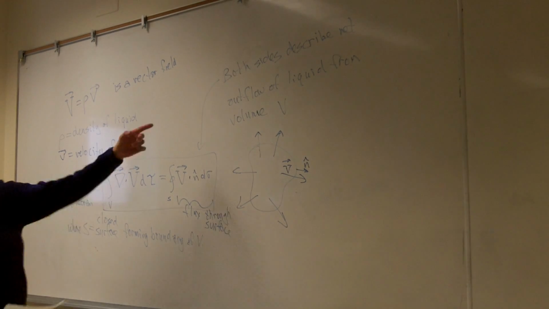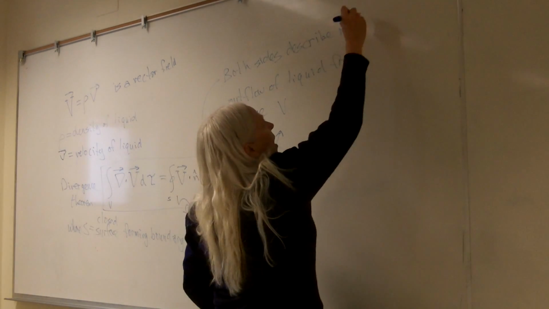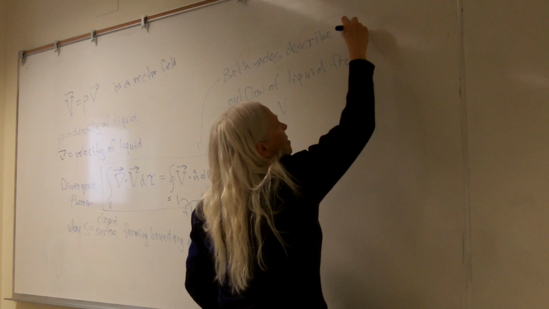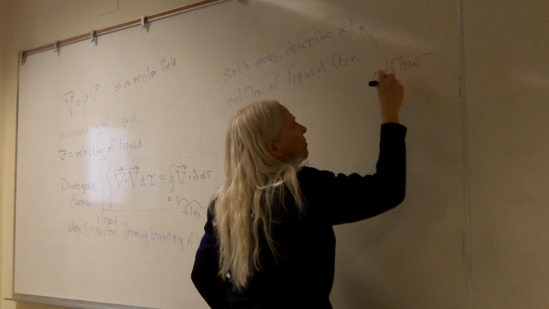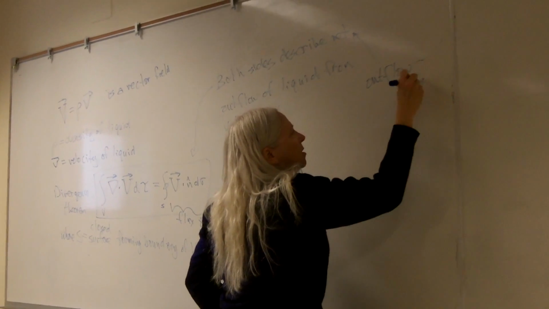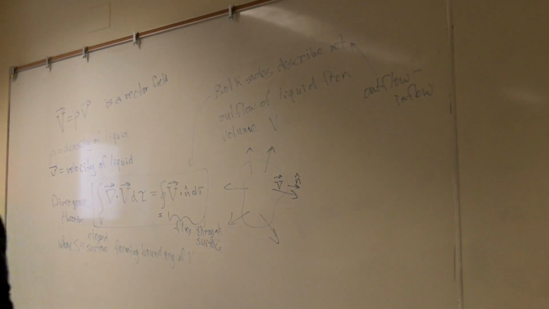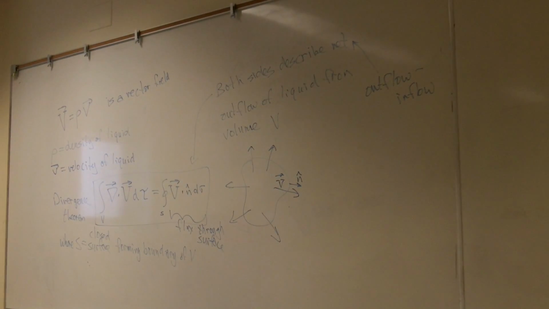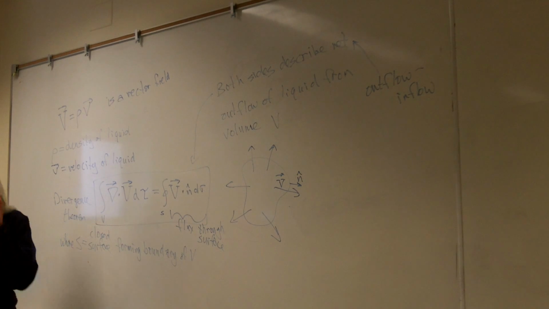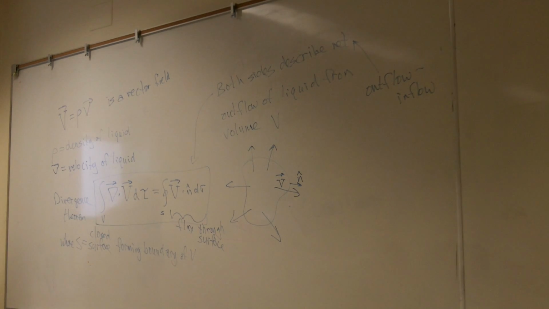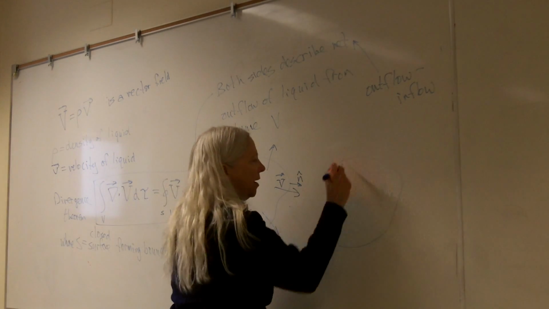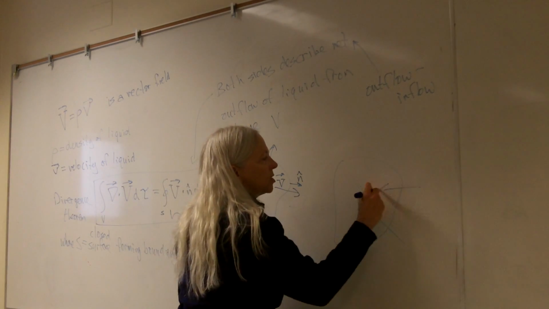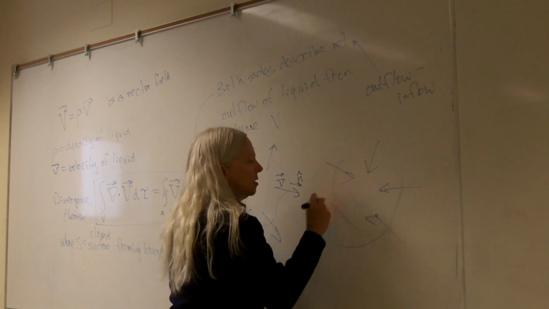Now I said net outflow. What I really mean by net is, of course, the outflow minus the inflow. So if there's liquid flowing out through the surface, that would count as a positive flux. If there's liquid flowing inward through the surface, that would count as a negative flux. And of course, you can see that also by thinking, well, what if we had inflow through the surface like this?